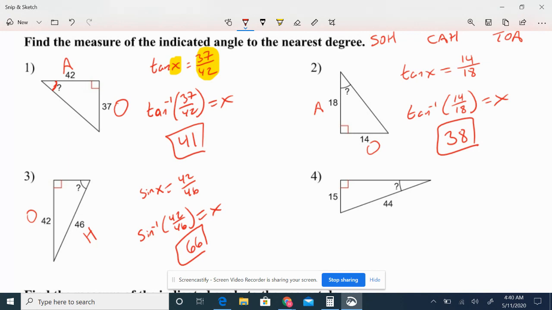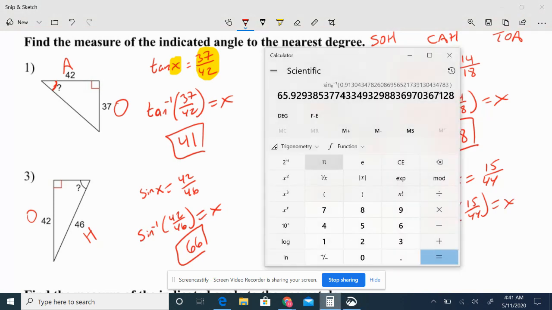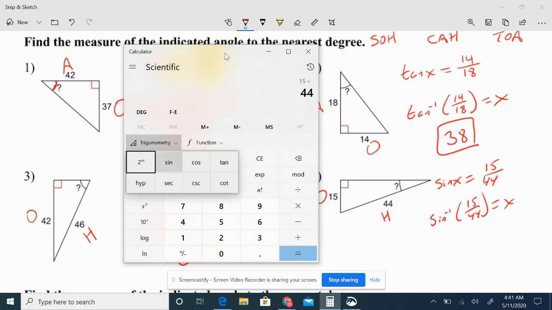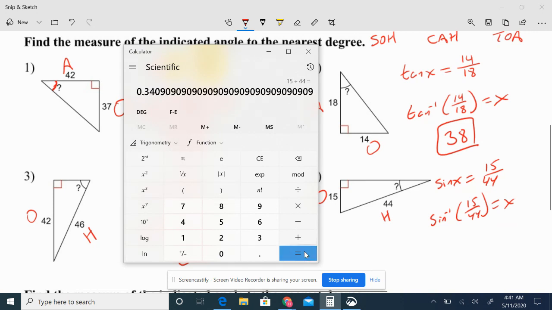Let's take a look at question number 4. I have in this case the opposite and the hypotenuse. So I'm dealing with sine. I'm just going to call this sine of x is equal to 15 over 44. So sine inverse of 15 over 44 is equal to x. Let me grab my calculator for that. I'm just going to go 15 divided by 44 because in my case, I have to do the fraction first. 15 divided by 44 gives me a decimal.